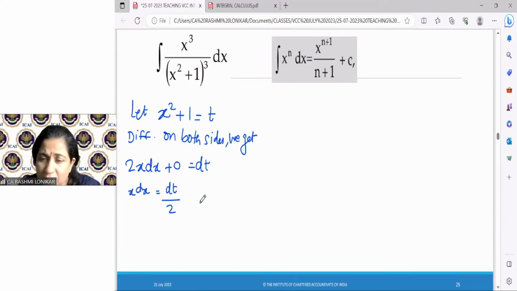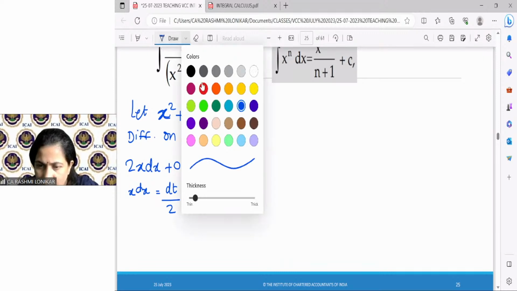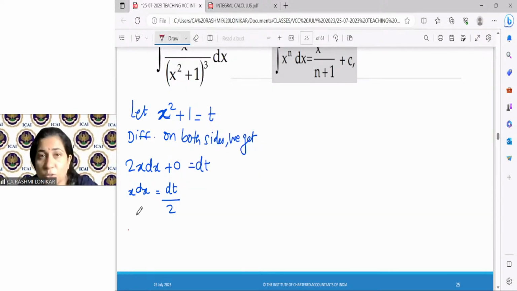Why I have written this is because the denominator is in terms of x square, and in the numerator I have x cube. So this is the most important step, and that is why I say for integration, you need to practice more. X cube dx is there in the numerator.